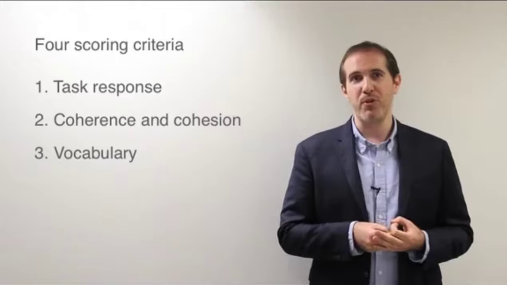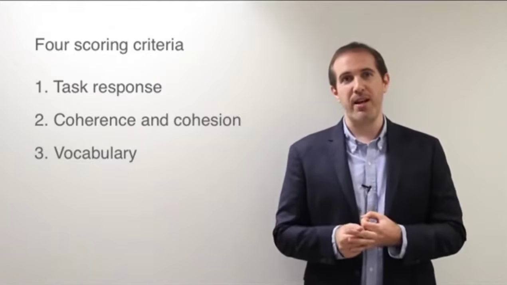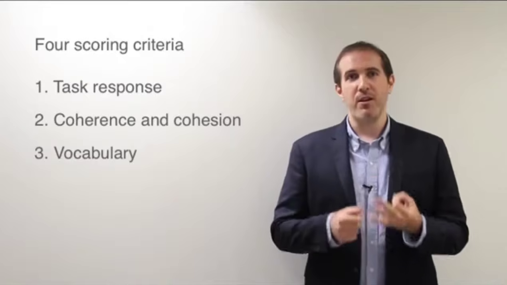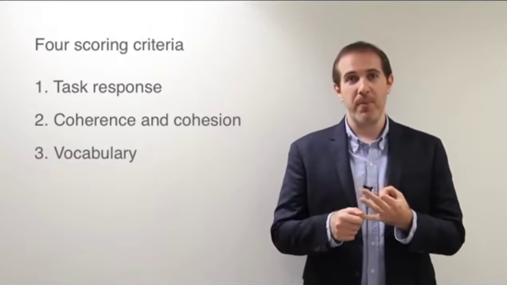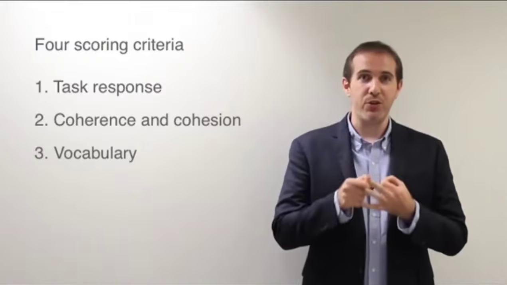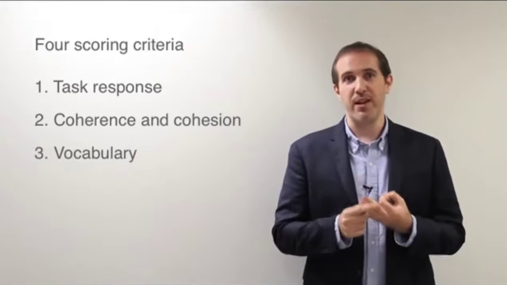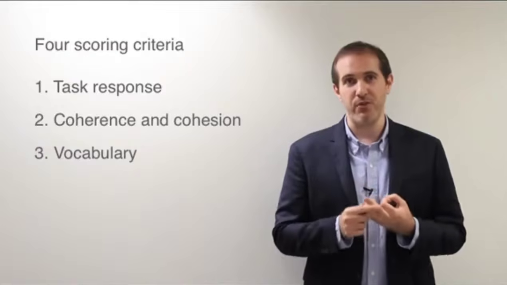But I think you can improve much faster on the other 3 criteria. So answering the question in a well-organized way and with good ideas, good vocabulary, I believe it's much easier to work on those 3 things. And that's 75% of your score.